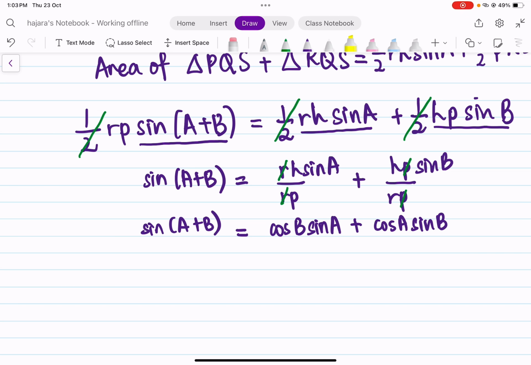We start off with an angle that is made up of two angles added together. The purpose of the compound angle formula is to split these two angles up so that there's a ratio separately for A and separately for B. So the formula ends up as cosine B times sine A and cosine A times sine B. Usually we write it as sine A cosine B and sine B cosine A.